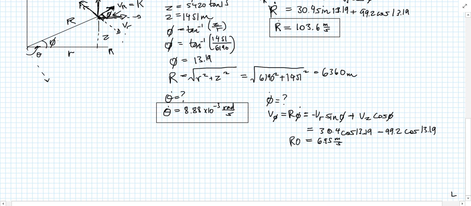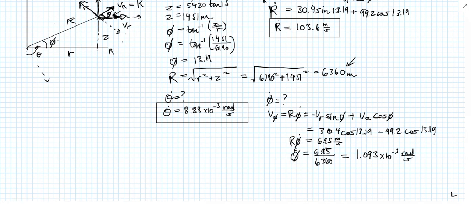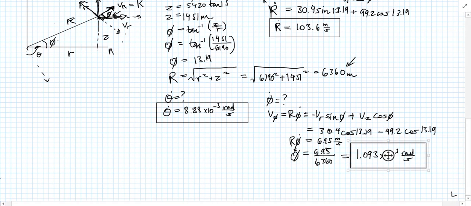So if this is what r phi dot is equal to, then phi dot is going to be equal to 6.95 over R, which is 6360, big R that is, and we found that right here. So that is going to give us 1.093 times 10 to the negative 3 radians per second. And there you have it, guys. This is how you do sample problem 212.